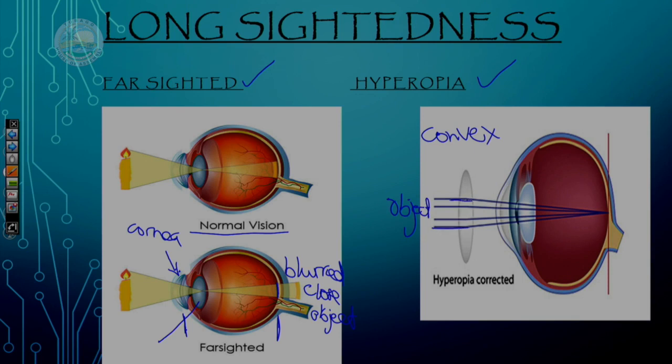As you can see, the light coming in is bending inwards for the convex lens, so it is converging the light rays, so that when it enters the defective internal lens here, it is focused at the right angle, so that it hits the retina at the correct point. So long-sightedness is corrected by a convex lens that the person will wear outside of the eye, so that it bends the light before it reaches the natural lens.